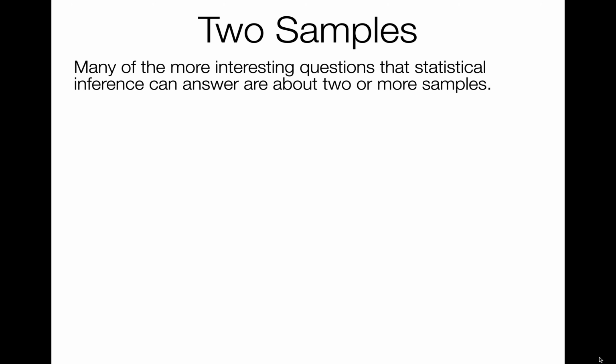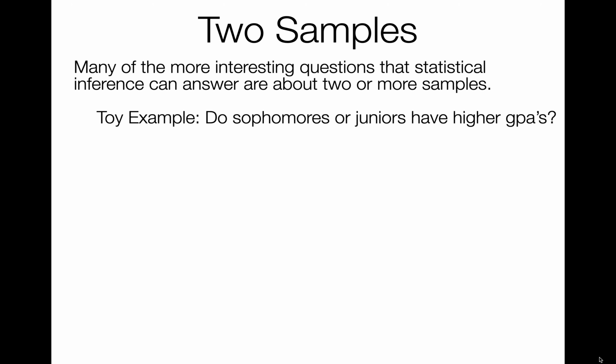I may be interested in how two populations differ. That's where most of the stuff comes from. To do that, we have to take two or more samples. So we'll talk about two samples here, and then we'll talk about more than two samples near the end of the course. So what type of questions would you ask in a two-sample case?